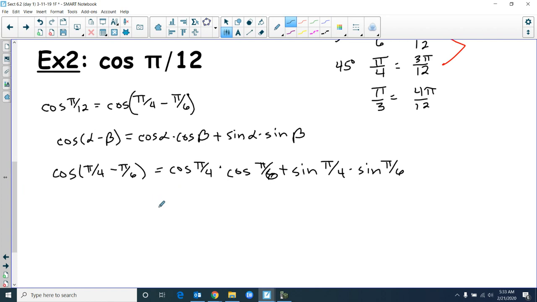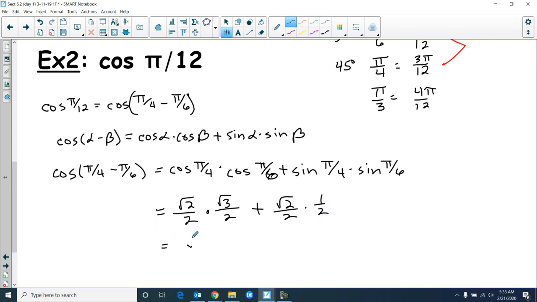All right, what's the cosine of pi over 4? Well, that's the cosine of 45 degrees. That is square root of 2 over 2. What's the cosine of pi over 6? That's the cosine of 30 degrees. That's square root of 3 over 2. Plus, what's the sine of 45 degrees? Square root of 2 over 2. And the sine of 30 degrees, which is 1/2.